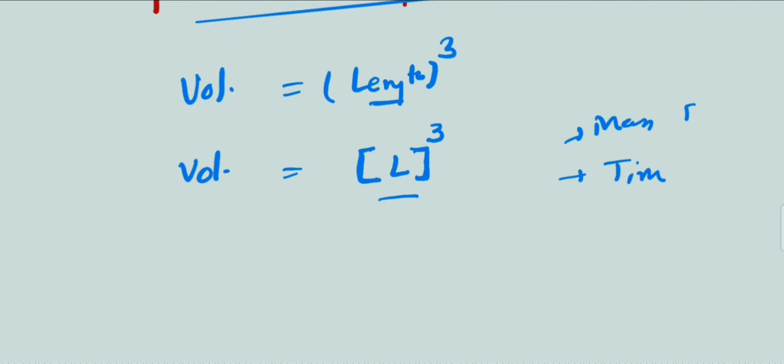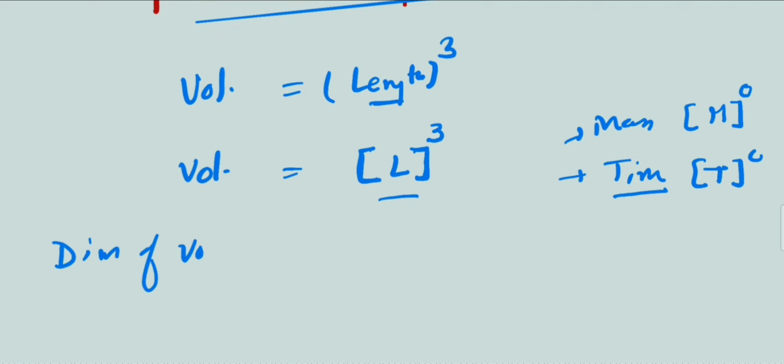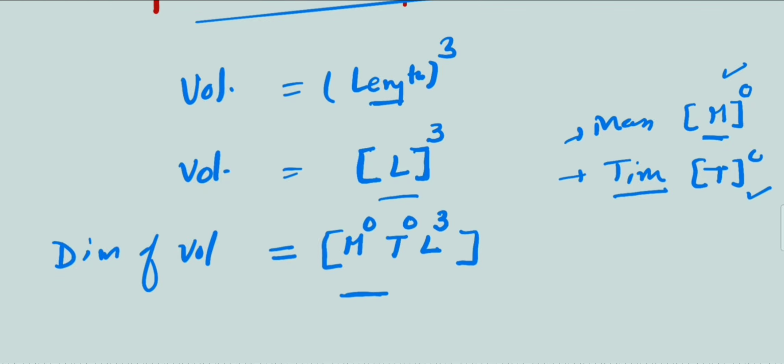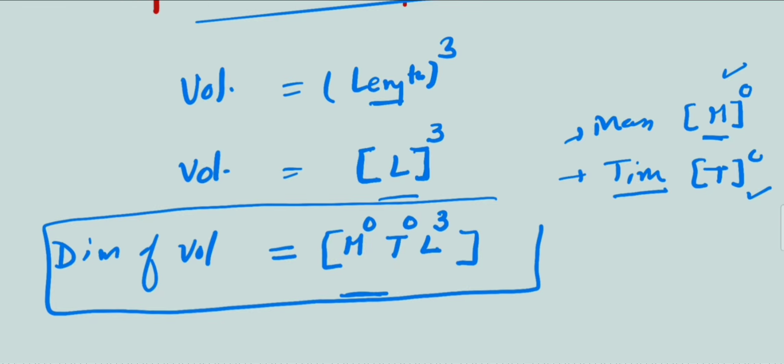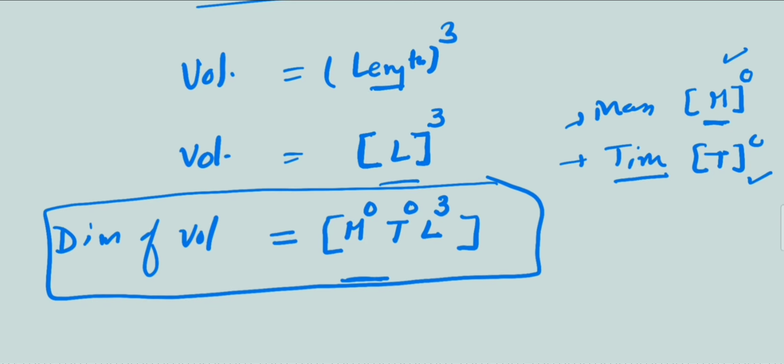So we put the dimension of mass, M, raised to power 0, and for time also T raised to power 0. To write the dimension of volume we have to include mass and time also. So we first put a square bracket, then M raised to power 0, L raised to power 3, and T raised to power 0. We know M raised to power 0 is equal to 1, and T raised to power 0 is also equal to 1.